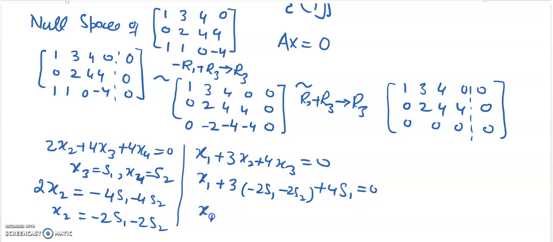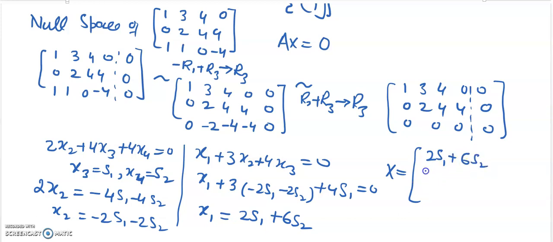So from here x1 minus 6 s1 plus 4 s1, that is minus 2 s1, so x1 equal to 2 s1, and then minus 6 s2, it becomes plus 6 s2. Therefore the solution of x is 2s1 plus 6s2, minus 2s1 minus 2s2, s1, s2.